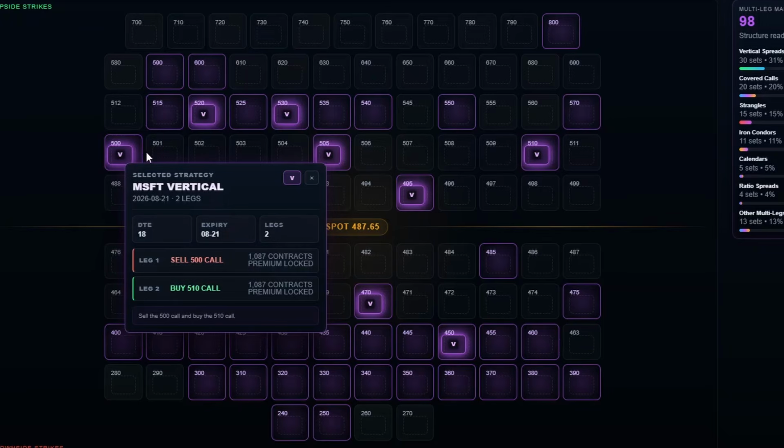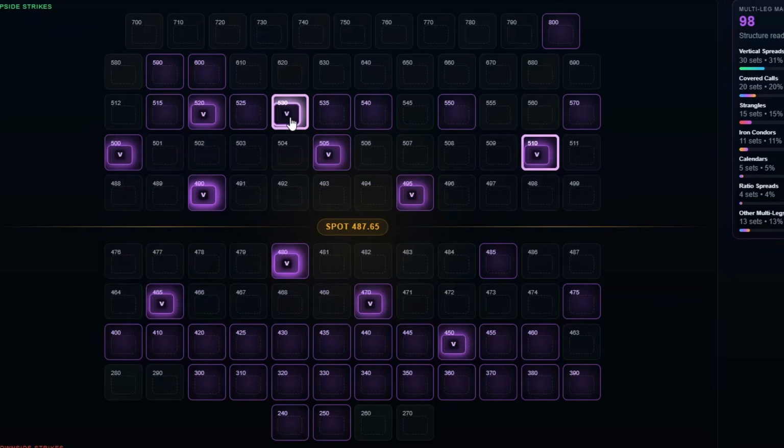Keep in mind that these are just the tip of the iceberg. This could be part of a bigger strategy, a very small portion of somebody's portfolio. But just looking at the structure itself, the strategy is bearish.